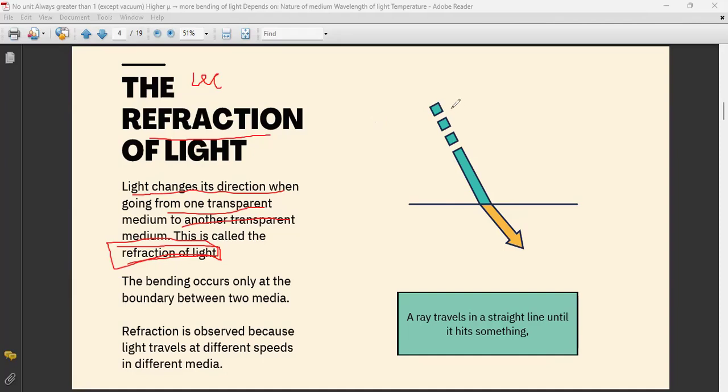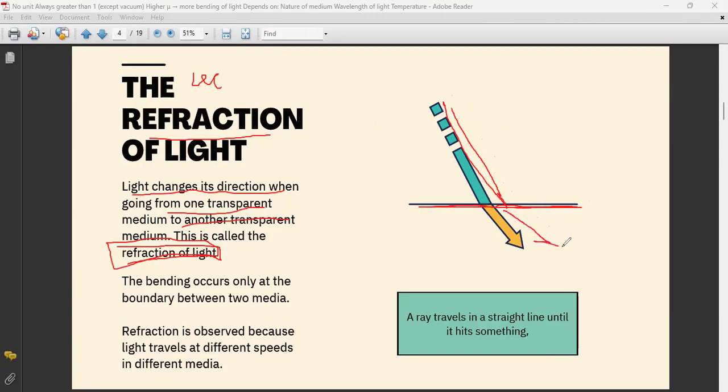Whenever light is traveling from one transparent medium to another transparent medium, at that very second, when it crosses this line, when it hits the boundary or the surface of the other medium, it will change its direction.